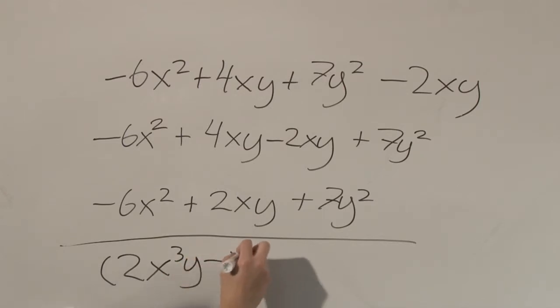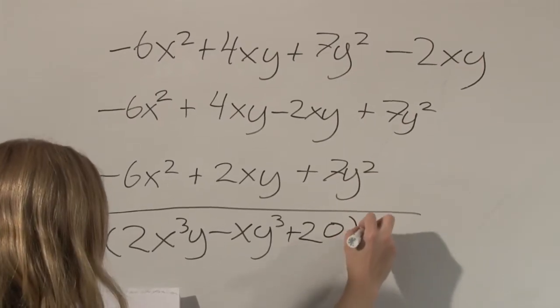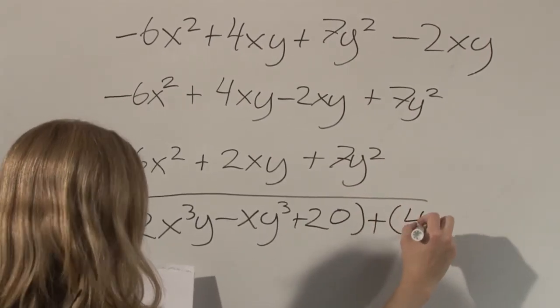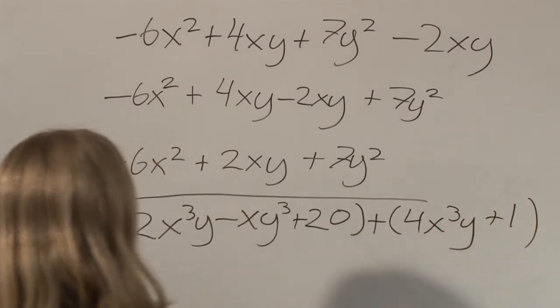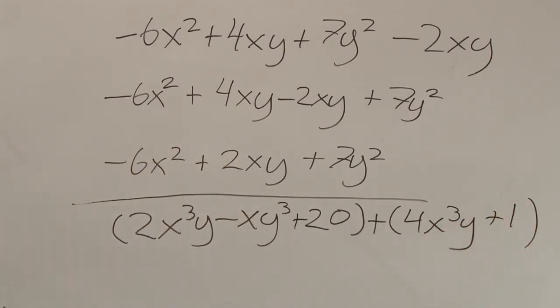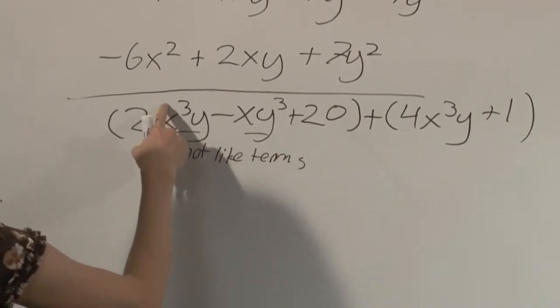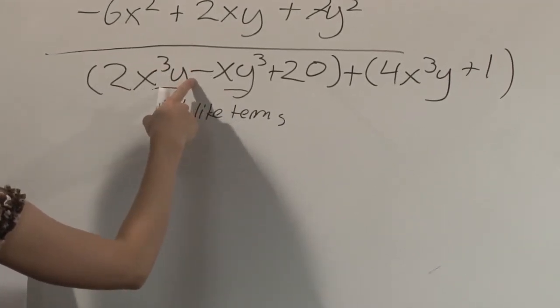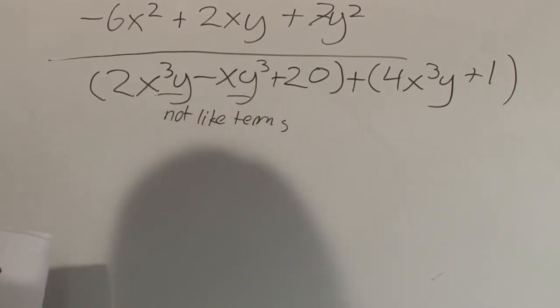You have to be careful when you're looking at terms and deciding which ones are like terms and are not like terms. So for something to be a like term, all of the variables in the term have to be raised to the same power as the one that you're trying to add it with. So this and this are not like terms. Because here the x is raised to the third power and y is just to the 1 power, and it's the opposite here. The y is raised to the third power.